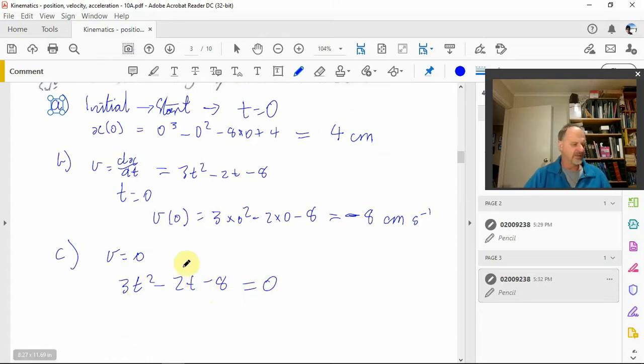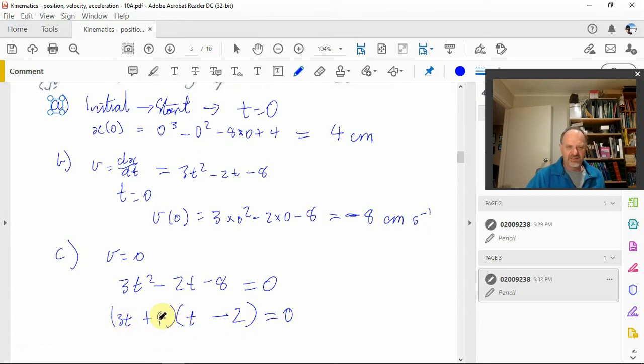So we clearly need to differentiate this. Differentiate, what am I talking about? Factorise this. So 3t and t gives us our t squared, and 2 fours is 8. I'm minus there, so I'm going minus 2 and plus 4.